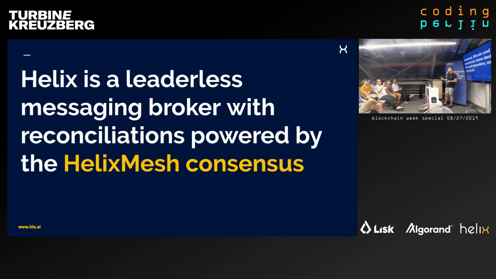So when I say a messaging broker, it means that everyone in the system can submit a transaction, which is typically just a data payload, and this message goes through the Helix network, and everyone in the network will see that this message has been sent at that particular time and that it has been delivered, even if the recipient is offline.